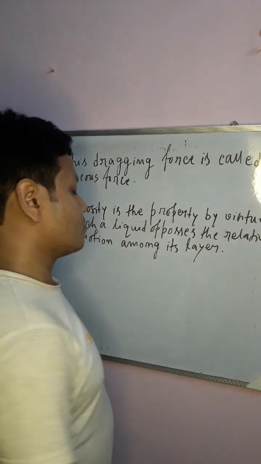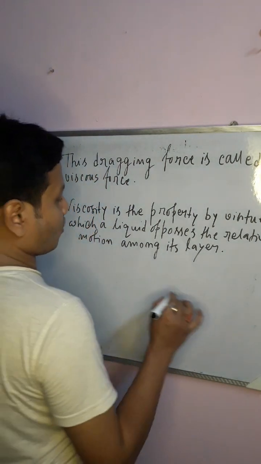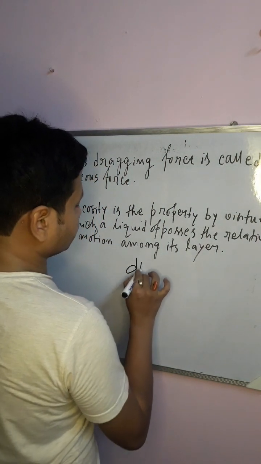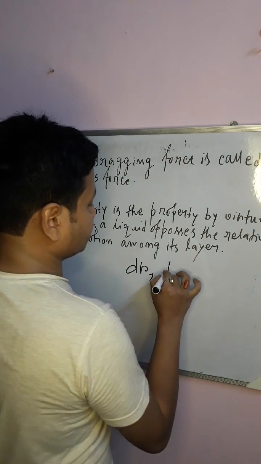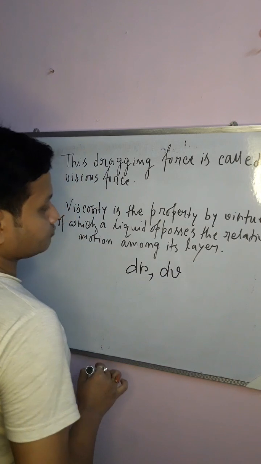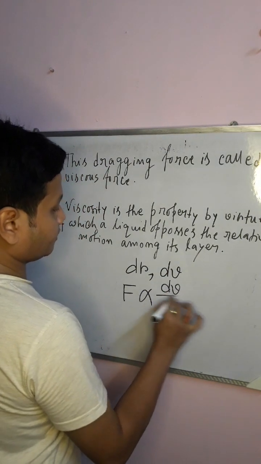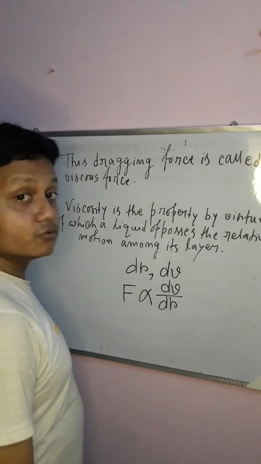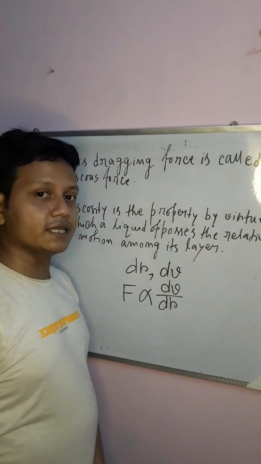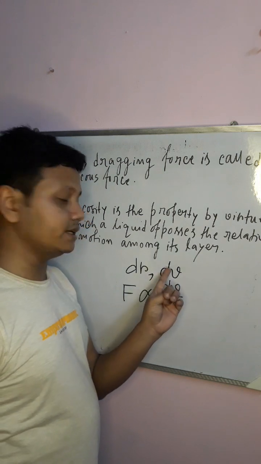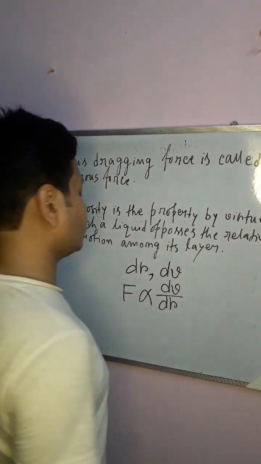Now if we take two layers of a liquid which are separated by a small distance dr, and they are moving with a relative velocity dv, then viscous force is proportional to the velocity gradient, that is dv/dr.